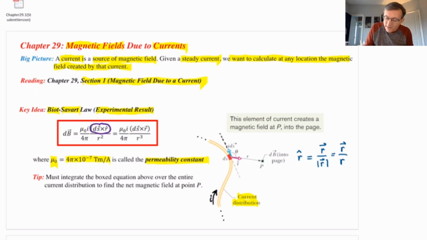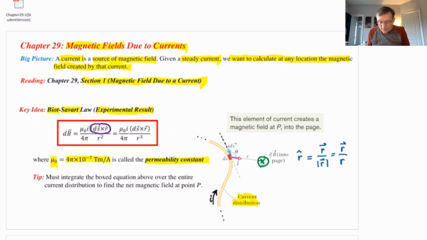So the magnetic field contribution dB at point P from the element ds is into the screen. So we represent that with an X drawn at point P, because that's where the field is. Okay? All right. Now, that would be the contribution dB from that one little element ds.